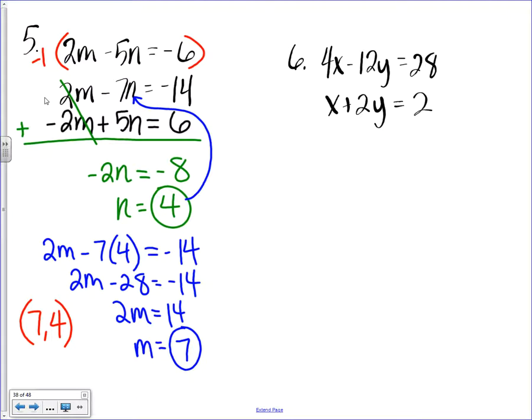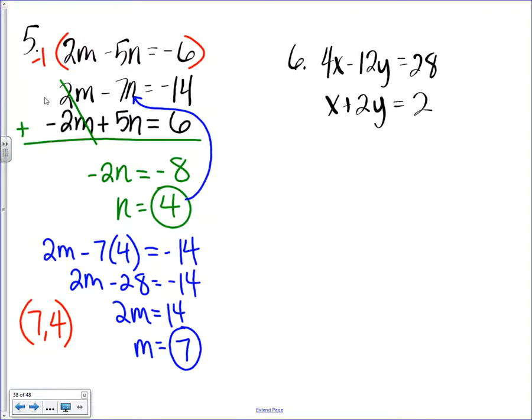So you have to make a decision. You have to decide if you want to eliminate the x's or if you want to eliminate the y's. If you eliminate the x's, if this top one has a 4x, you're going to have to make the bottom one -4x. Agreed? If you eliminate the y's, do you see how that's -12? Yes? So I need to make this one a +12, don't I?